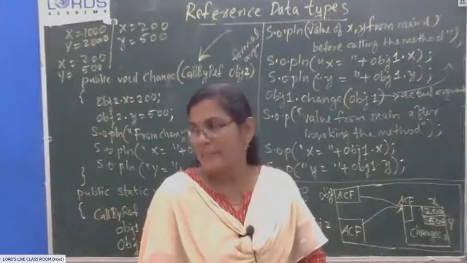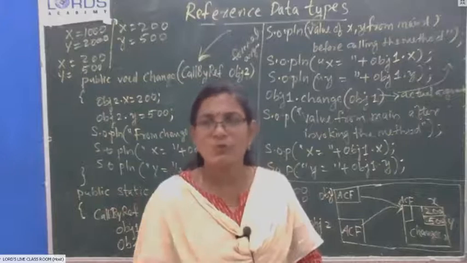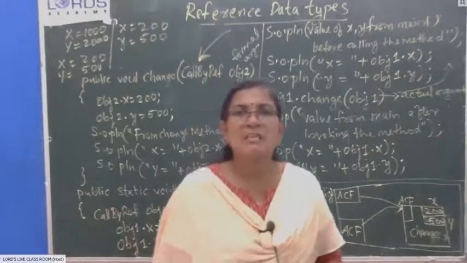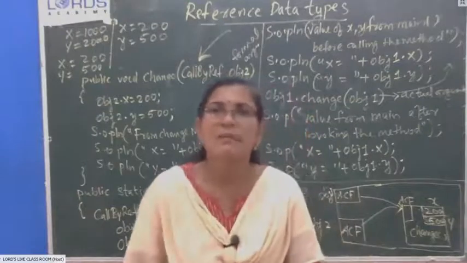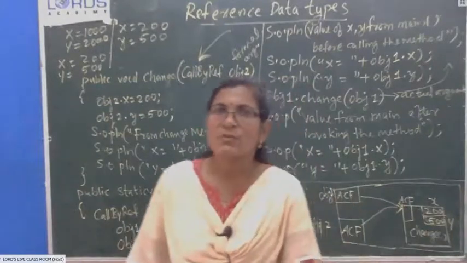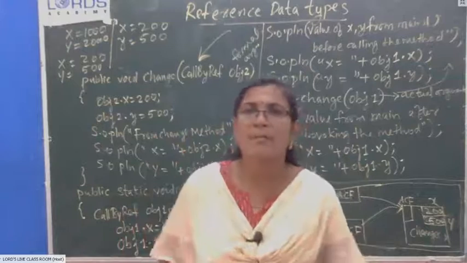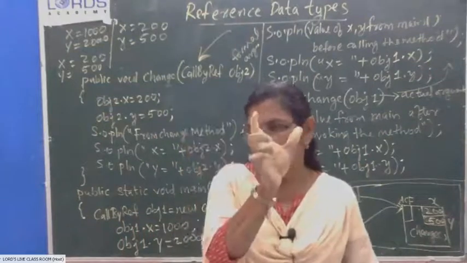In the exam, a 2 marks question: differentiate between call by value and call by reference method, or pass by value and pass by reference method. You have to write it as two columns, with the headings call by value and call by reference.